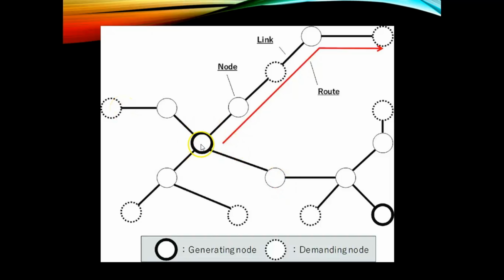Because we have a close-by generating node here that can easily supply this demanding node, and maybe also this demanding node and this demanding node.